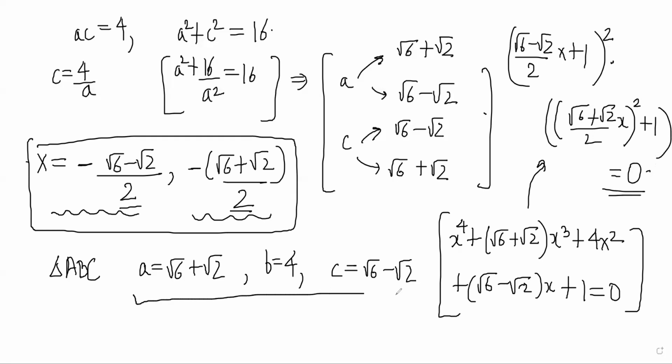So this is just to confirm that these values are going to work. It is actually going to turn out to be a 15, 75, 90-degree triangle. You should check this yourself as well.